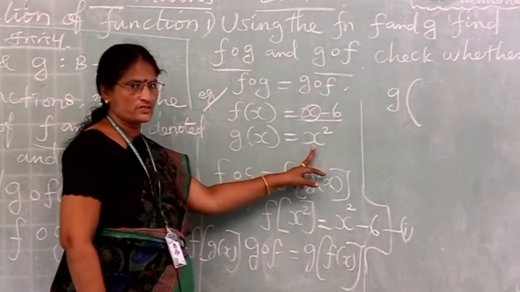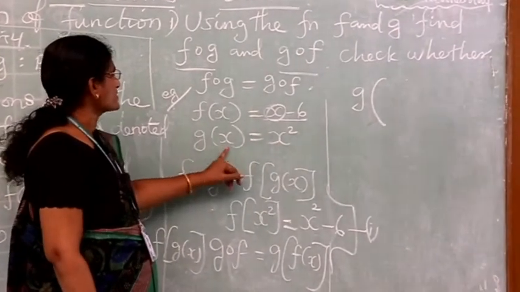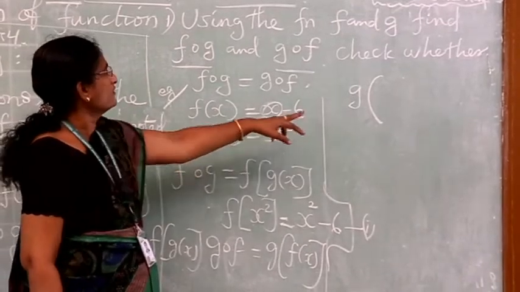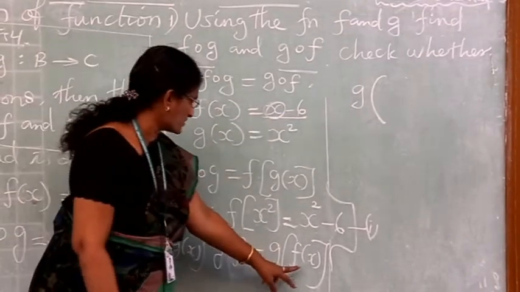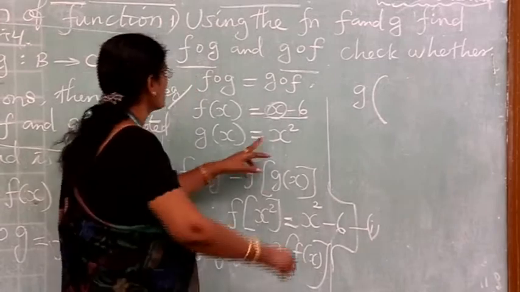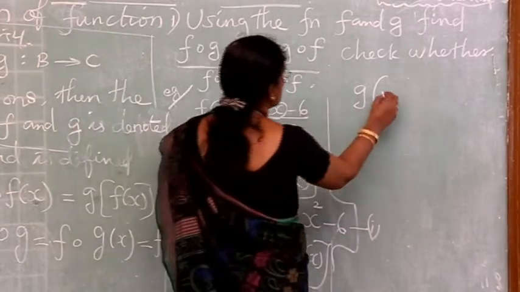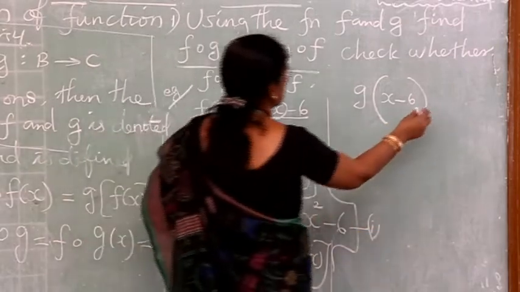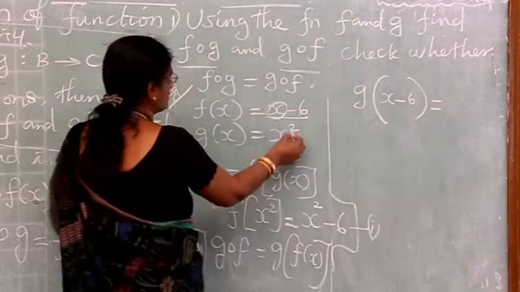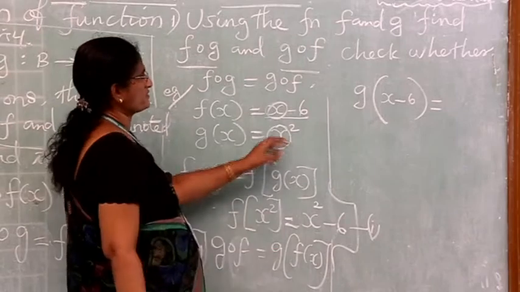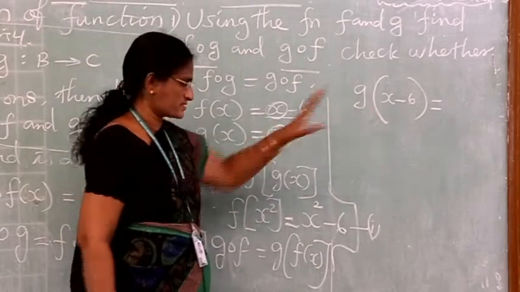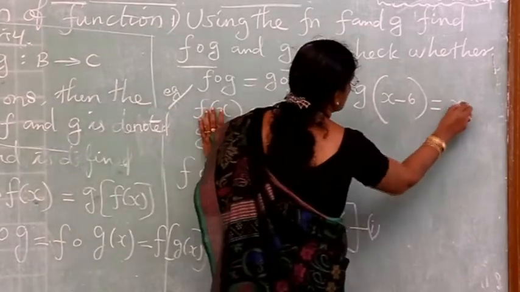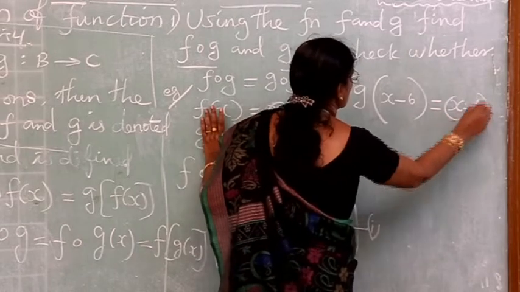So what's the value? x square. So instead of this x, what we are going to substitute? f of x. Okay. What is f of x? x minus 6. So instead of this x, we are going to substitute x minus 6. So x minus 6 the whole square.